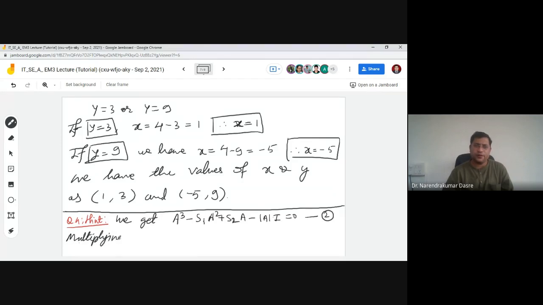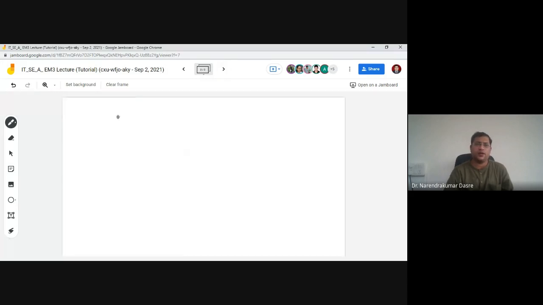Multiplying the above equation by A inverse, we get, see, this determinant is going to be a constant term. So please be careful with this determinant term. It is going to be constant, S2 is constant, S1 is constant. And hence A inverse times A cube minus S1 A square plus S2 A minus determinant of A into I is equal to 0.